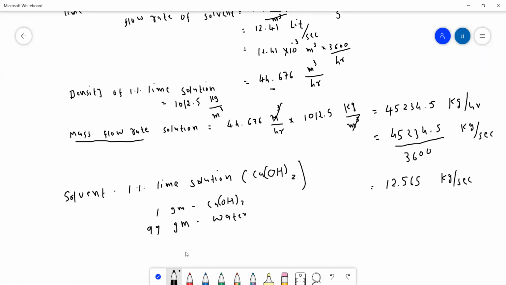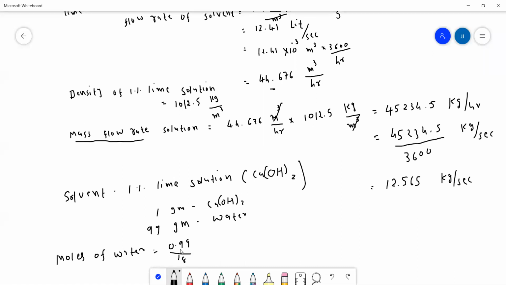So how to determine the moles of both substances? We have to determine the total moles. So moles of water is equal to 0.99 divided by 18.